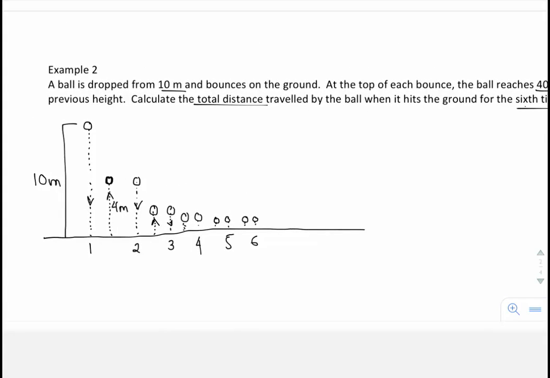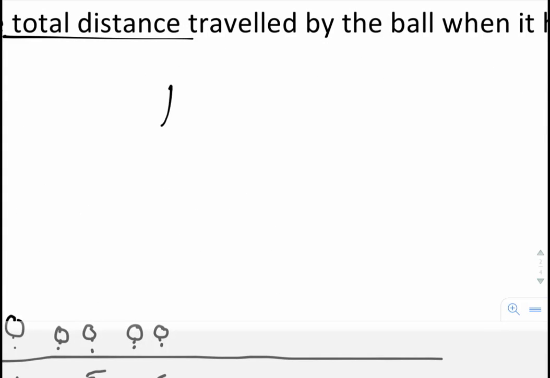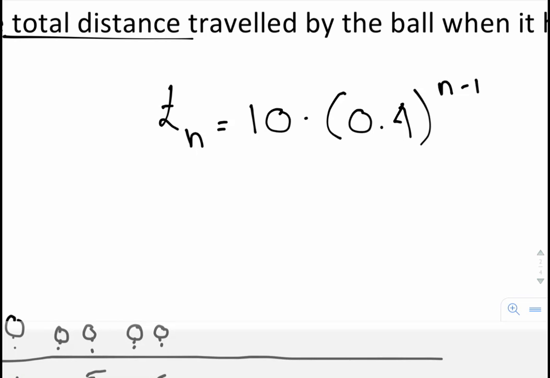And the way I represent that is each term, or the height of the ball on the nth bounce, will be the initial term 10 times 0.4, because it's 40% of the previous height, to the power of n minus 1. So a is 10 and r is 0.4.